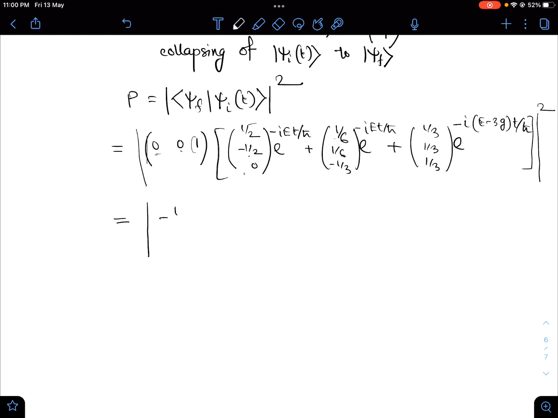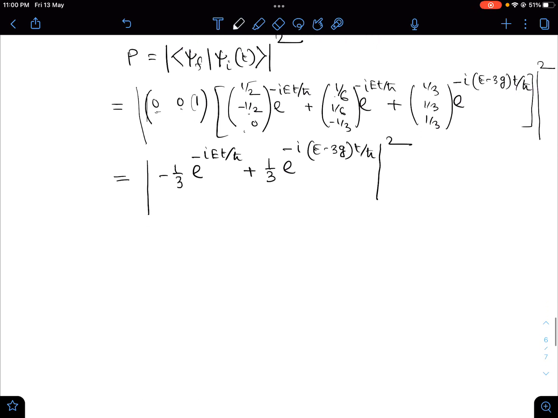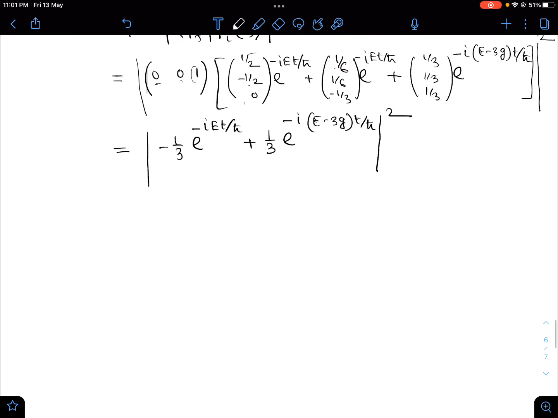And for the last one we will get 1 by root 3 e to the power minus i (E minus 3g) t by h cut. Its mod value squared, so what will we get? We will get 1 by 9 e to the power. Let me just do the calculation. You have to just find this value.